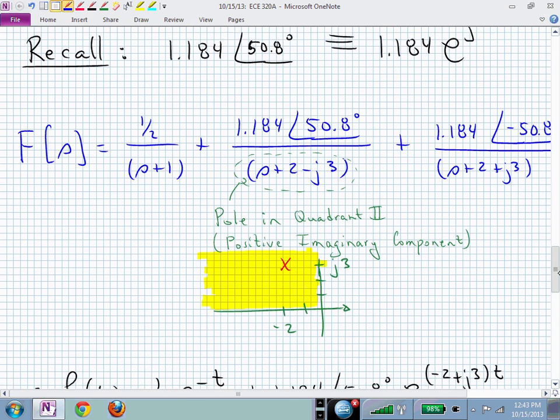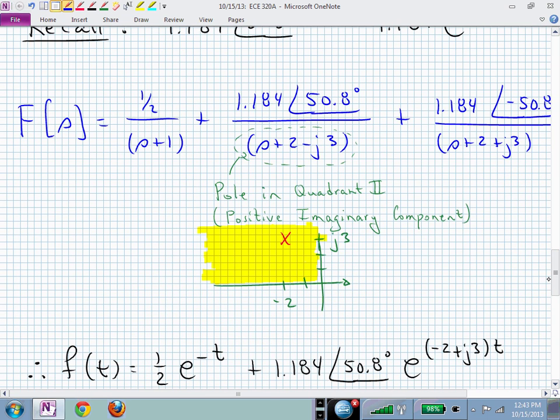We're going to now use that, but what we're going to key in on is we're going to utilize mostly that partial fraction expansion coefficient above the factor associated with the pole that's in the second quadrant. And that's what I'm trying to emphasize with this highlighted yellow in the second quadrant of the complex S-plane. That's where the pole is. That's the one that you use when you're going in the table.